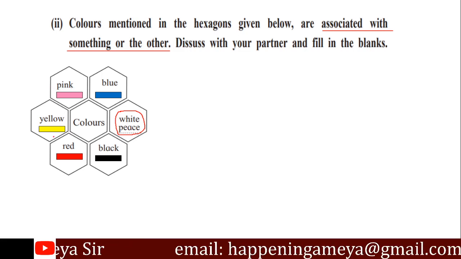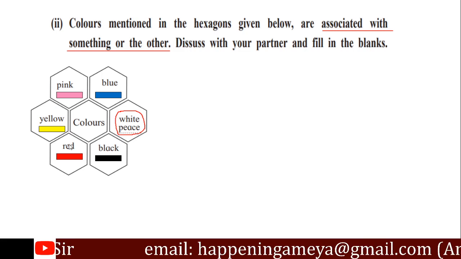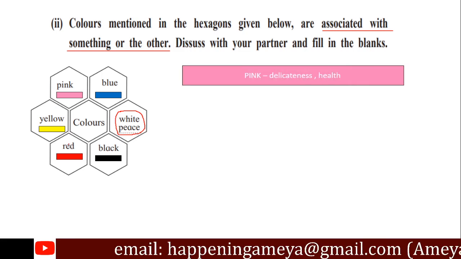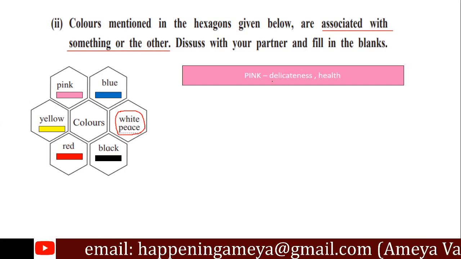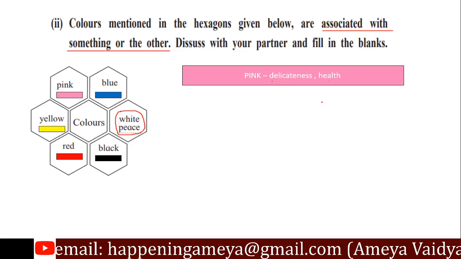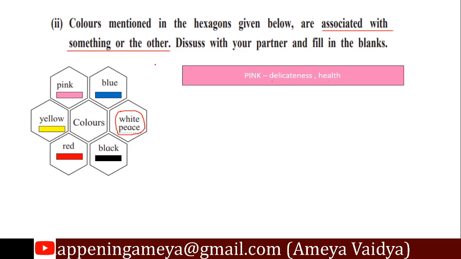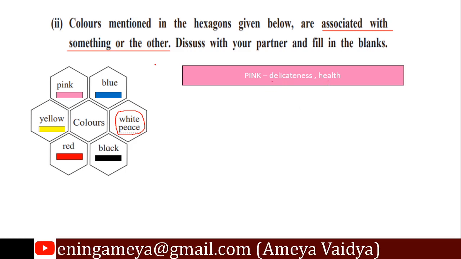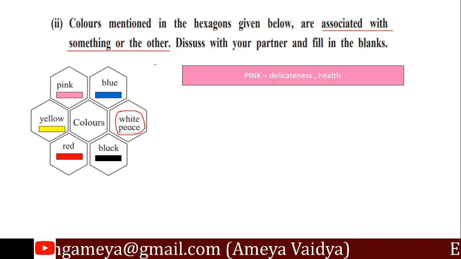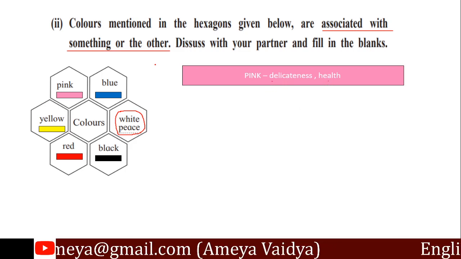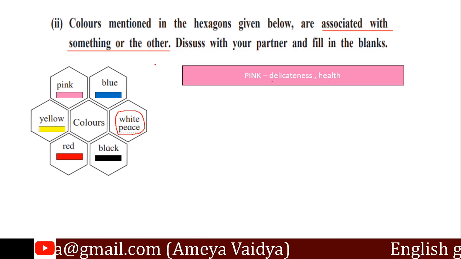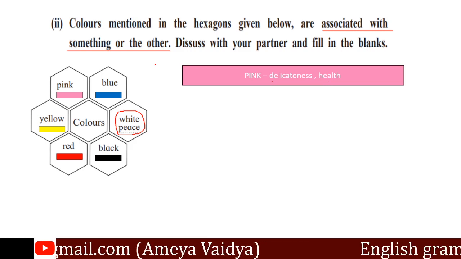They want us to write down about the other colors as well. Let's get started. The pink shows delicateness and health. I'm sure that you've heard of this phrase, pink of health. If you've used this, I'm sure you must have used this while you write your letters. You use it in a sentence like, hope this letter reaches you in the pink of health.